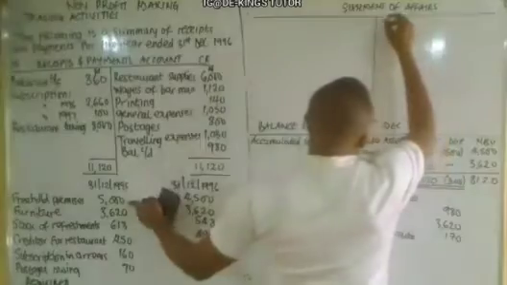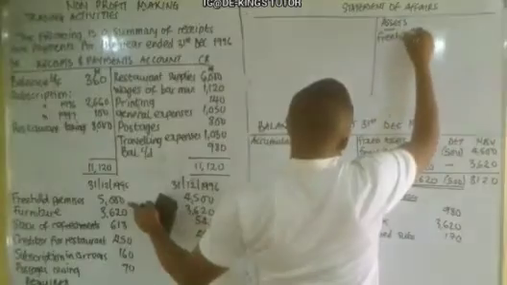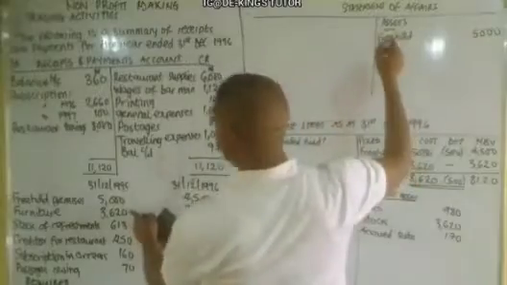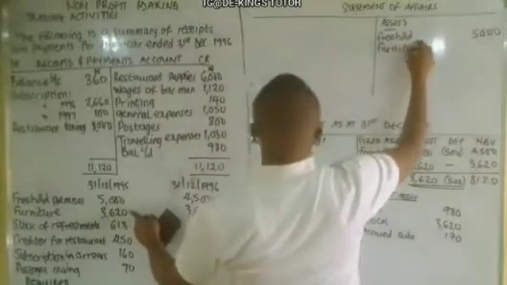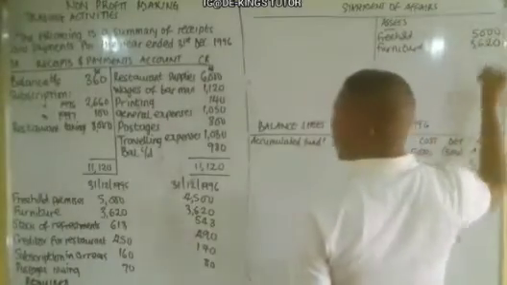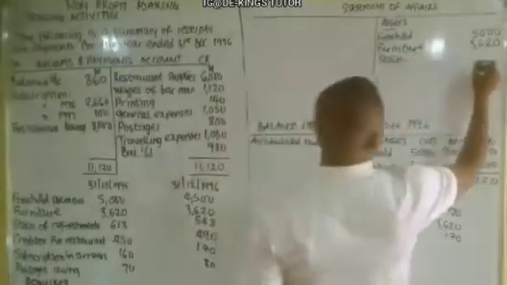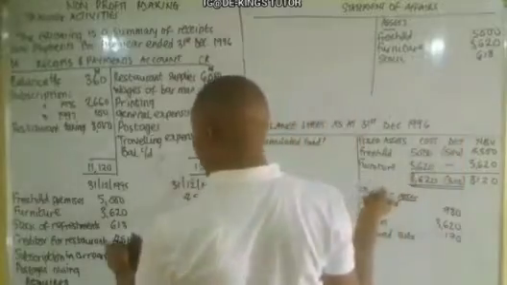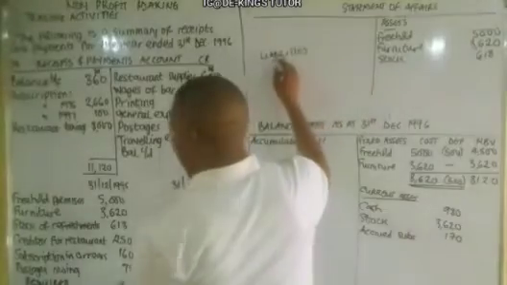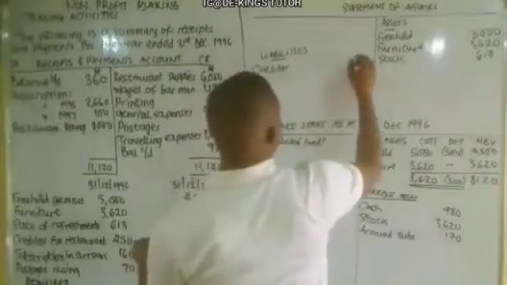So the assets will be freehold, 5,000, furniture, 3,620, stock, 618. Now we have liabilities here. Liabilities is creditor. Creditor is 450.